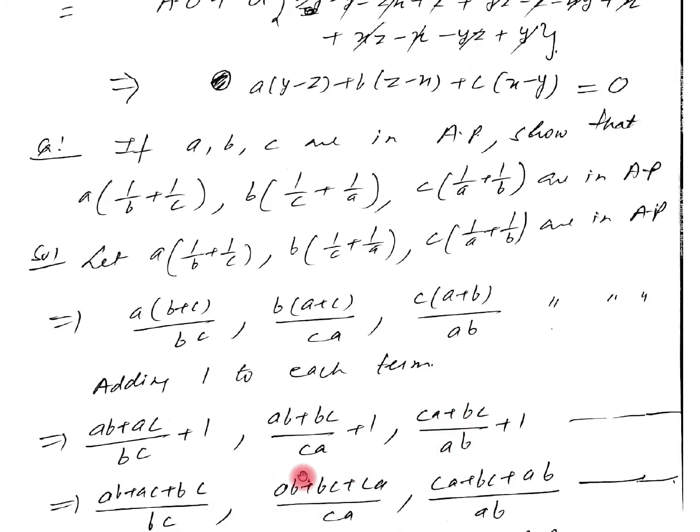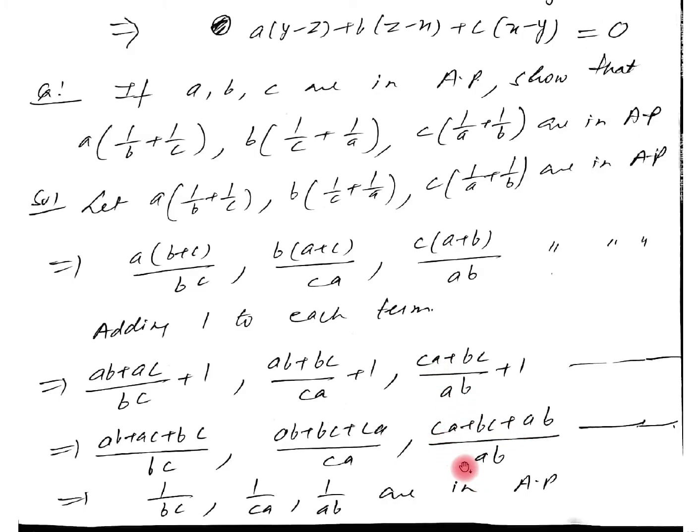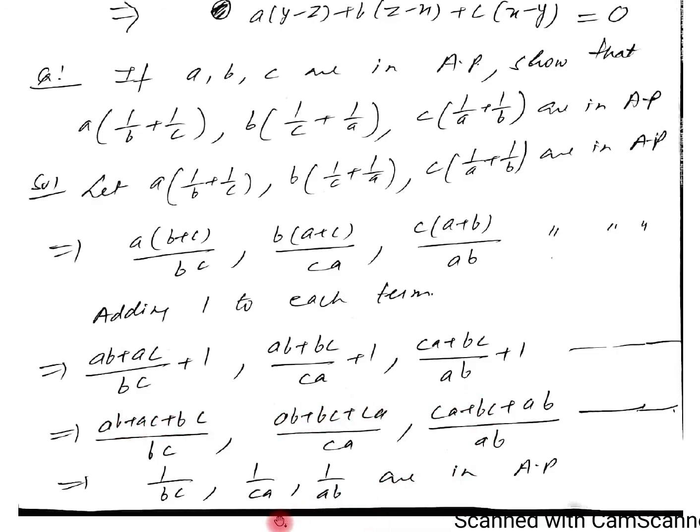Now again simplifying it, I get ab plus bc plus ca upon bc, ab plus bc plus ca upon ac, and ab plus bc plus ca upon ab. Now I can divide throughout by this common quantity, and the resulting sequence will again be in AP. Then it becomes 1 upon bc, 1 upon ca, 1 upon ab are in AP.